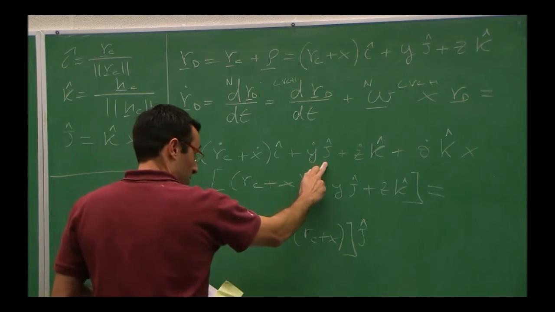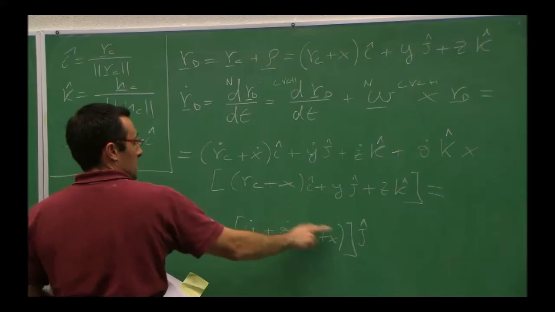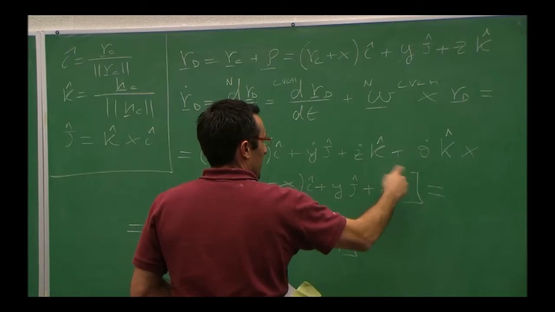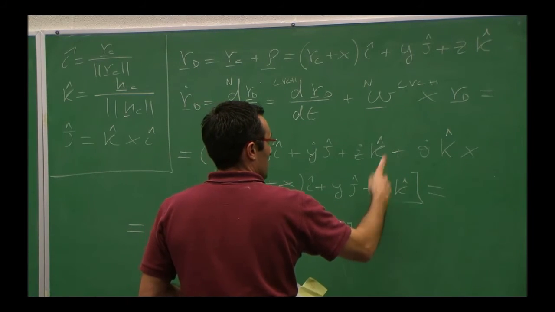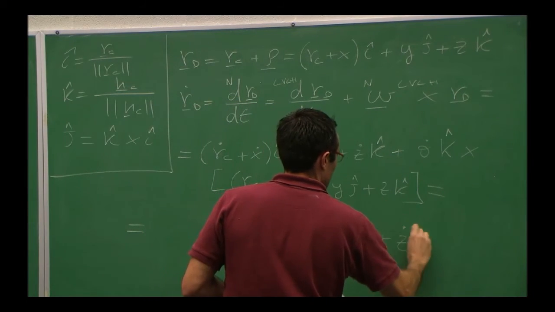This was already on J. K crossed with I gives me a J. Fine. The last one gives me a 0, so the Z dot K is going to remain as it is.